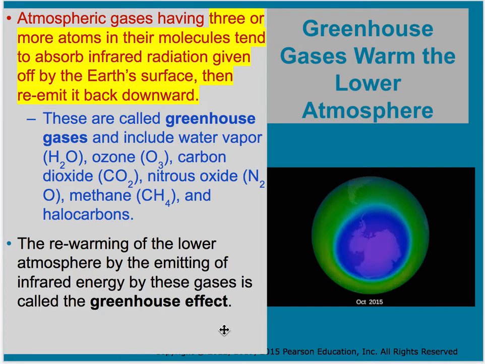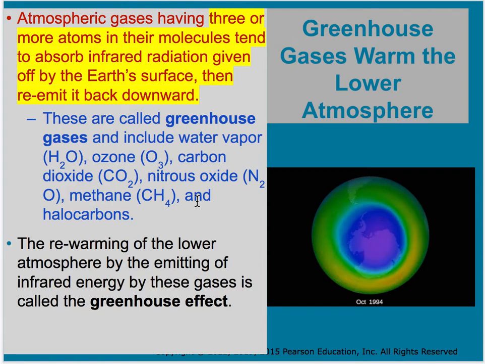But basically, we have different molecules, and it's molecules that come in groups of three, like water has two H's and an O, or ozone has three O's, that will basically absorb a lot of radiation from the sun.